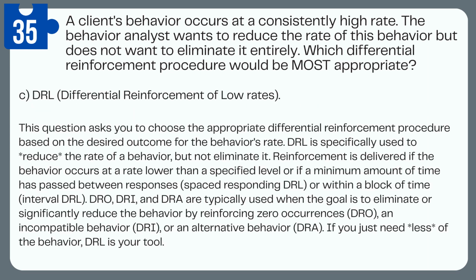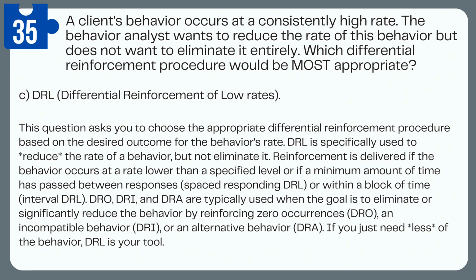Answer: C. DRL, differential reinforcement of low rates. This question asks you to choose the appropriate differential reinforcement procedure based on the desired outcome for the behavior's rate. DRL is specifically used to reduce the rate of a behavior, but not eliminate it. Reinforcement is delivered if the behavior occurs at a rate lower than a specified level or if a minimum amount of time has passed between responses.